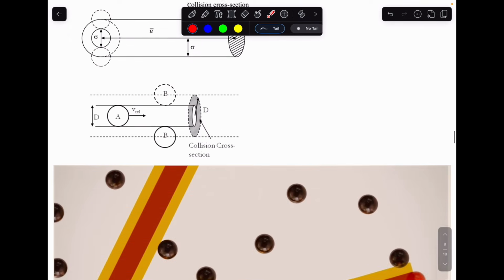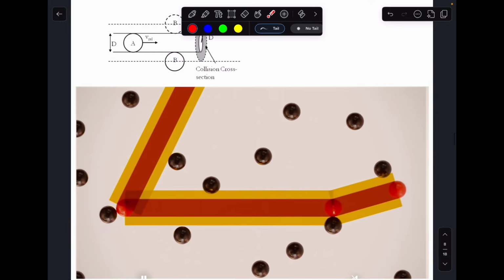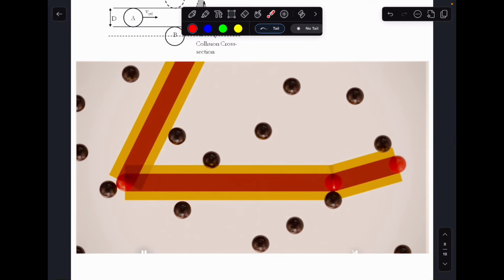If you see, I'm taking gas molecules in two different colors. One is red. We are going to talk about the collision cylinder created by this particular molecule. We have surrounding molecules which are shown here in black.